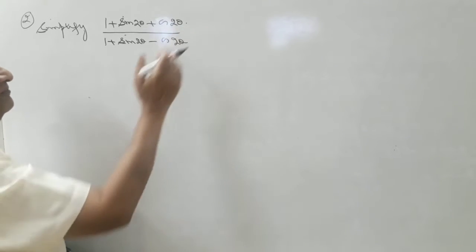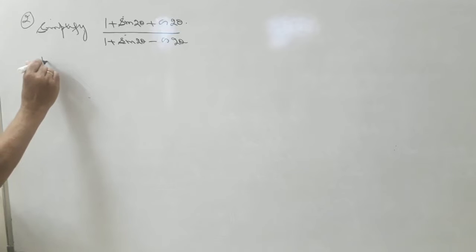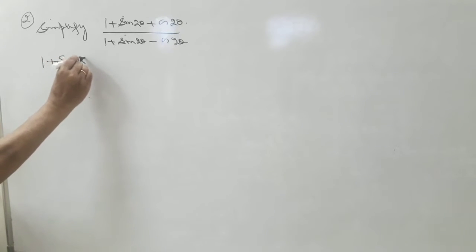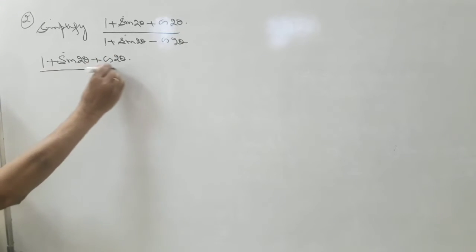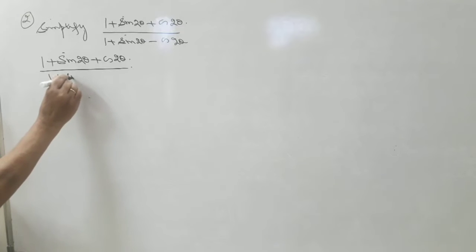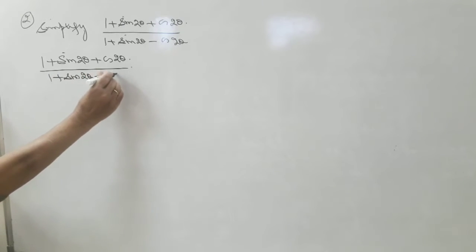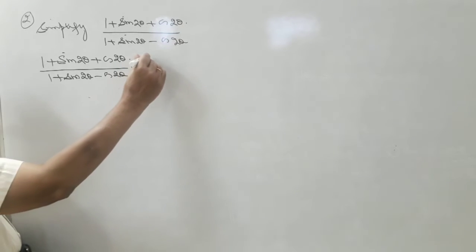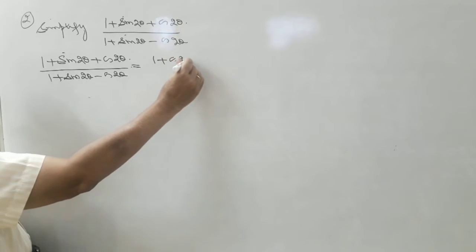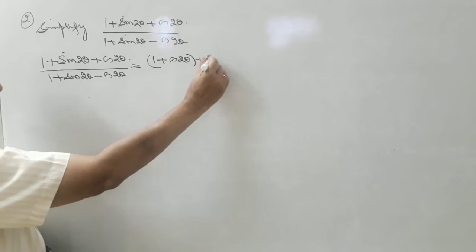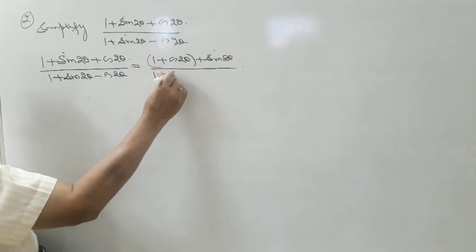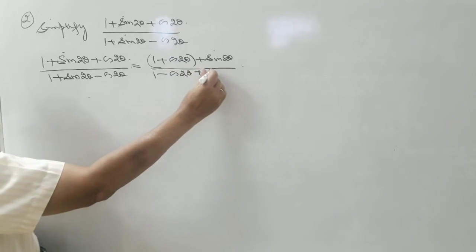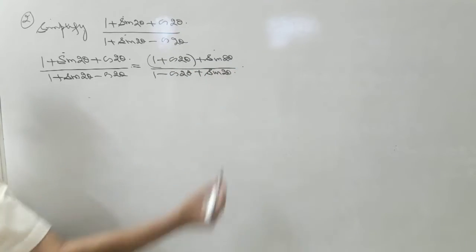The procedure is that we say 1 plus sin 2 theta plus cos 2 theta upon 1 plus sin 2 theta minus cos 2 theta. This is equal to, now see, we shall just group here: 1 plus cos 2 theta plus sin 2 theta upon 1 minus cos 2 theta plus sin 2 theta. Group it like this.